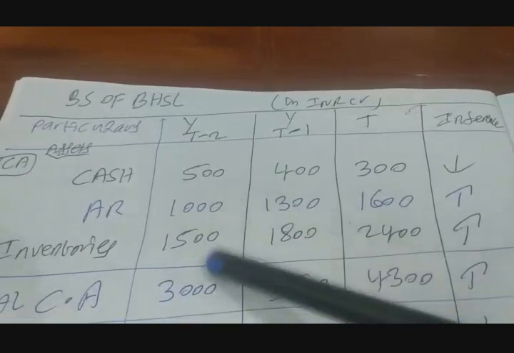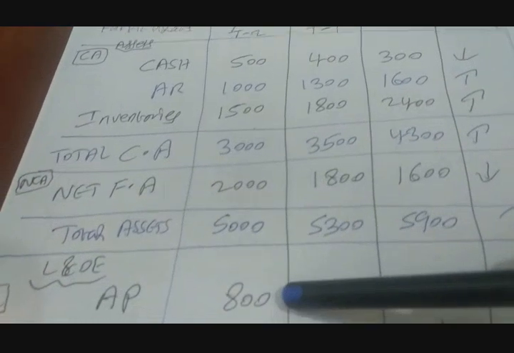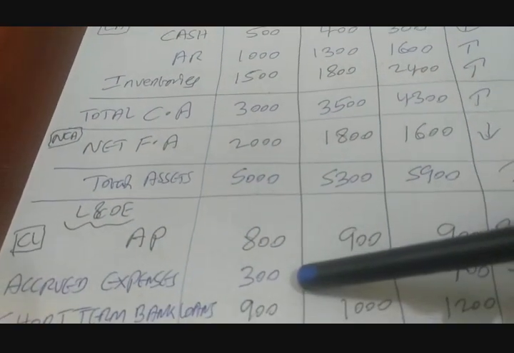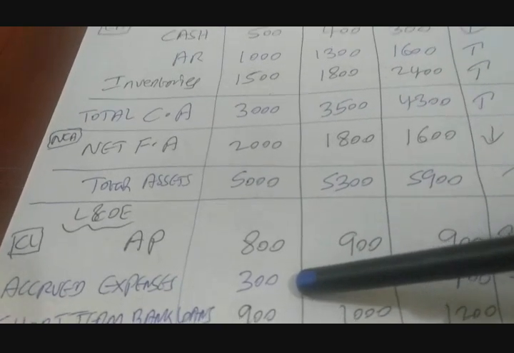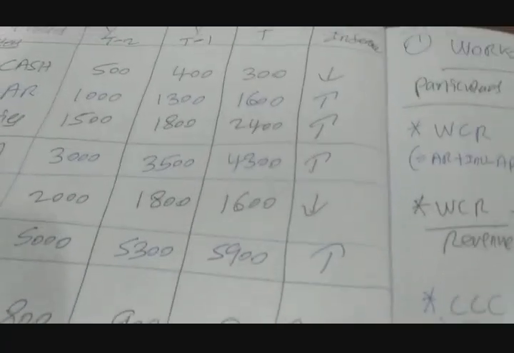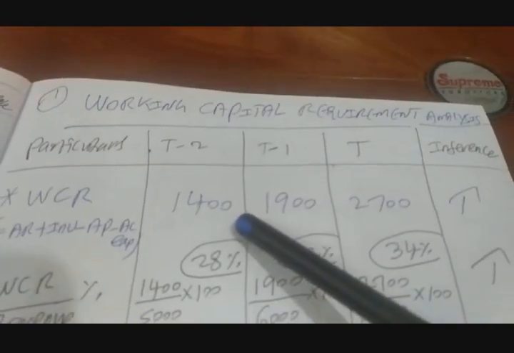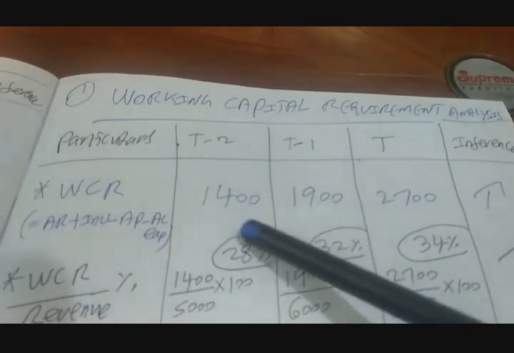Total is 2500. Minus current liability AP 800, minus accrued expenses 300. So out of 2500 we are going to subtract 1100. So the answer is going to be 1400. So working capital requirement for the year T minus 2 is 1400.